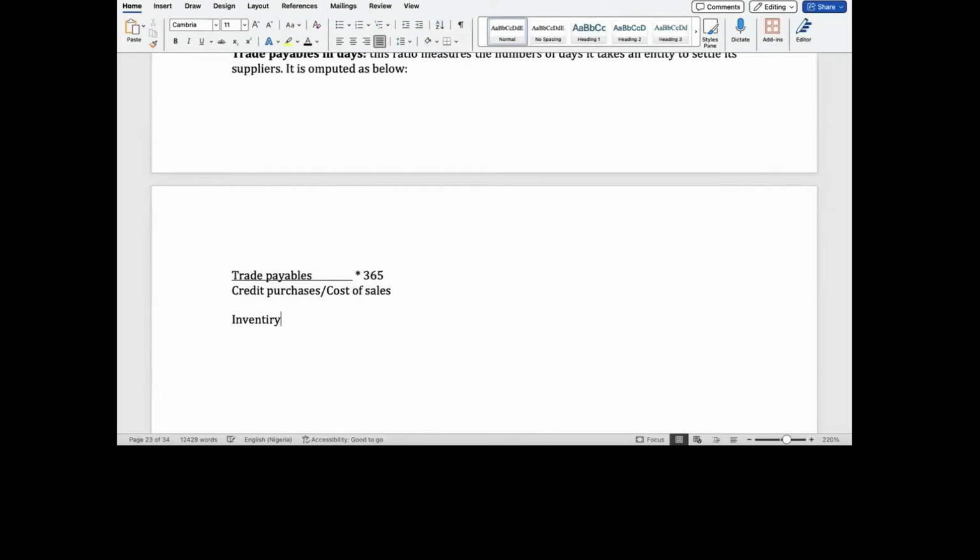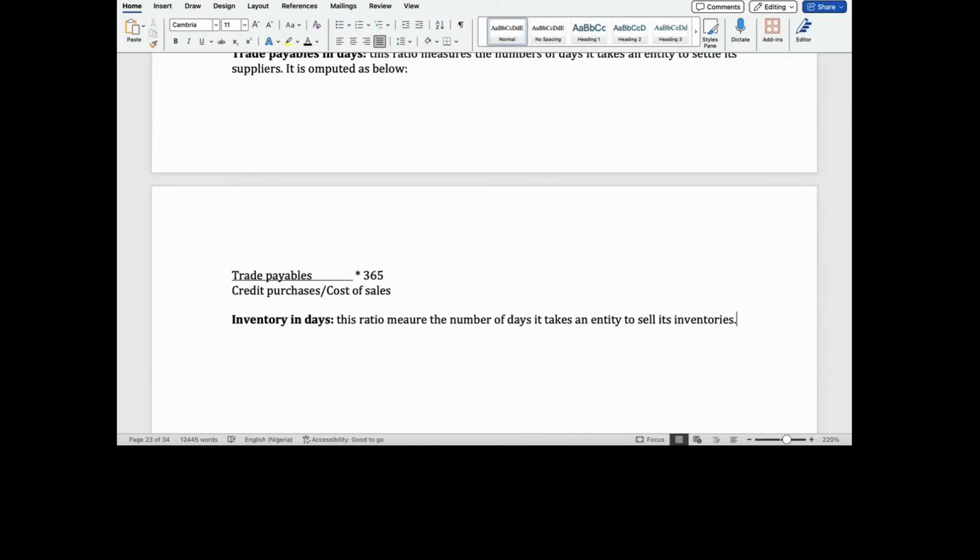We spent quite some time on that. So, inventory in days. This ratio measures the number of days it takes an entity, to put it very simply, to sell its inventory. How long does it take you to sell your inventory?